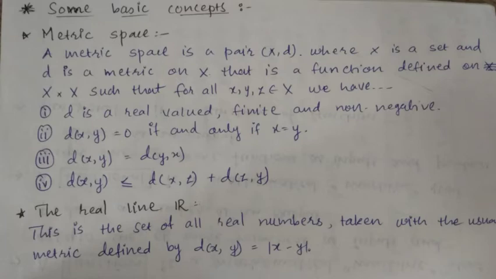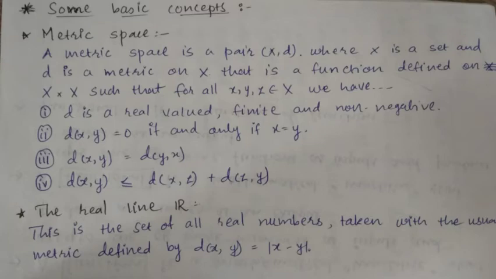So the first example of a metric space is the real line R. One can prove the real line R is a metric space. So how can you prove that the real line R is a metric space? For that we have to define a metric d on the set R. We know that the real line R is the set of all real numbers, and I can define the metric d(x,y) as the modulus of x minus y.